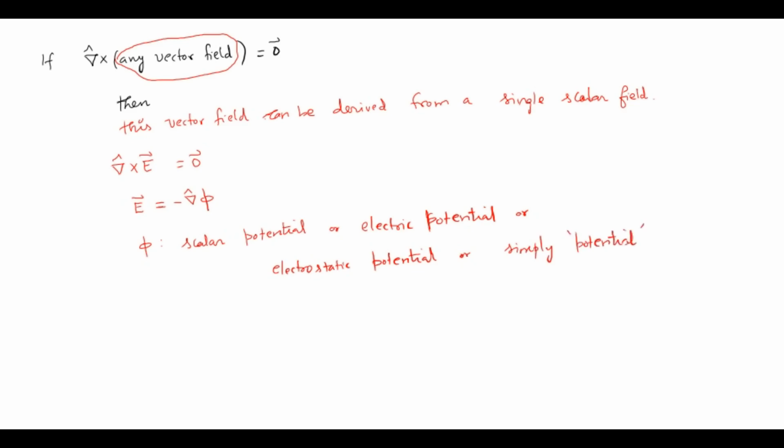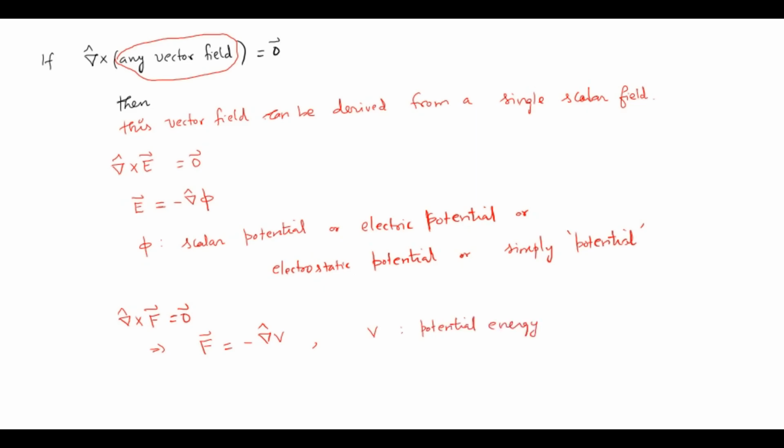Now in the same manner, if the curl of E vector is equal to 0, you will get this. Since we know that the force field is also irrotational, the curl of F vector is equal to the null vector, which means this F vector can be derived from the negative gradient of some function that I am going to call V. This V is called the potential energy.